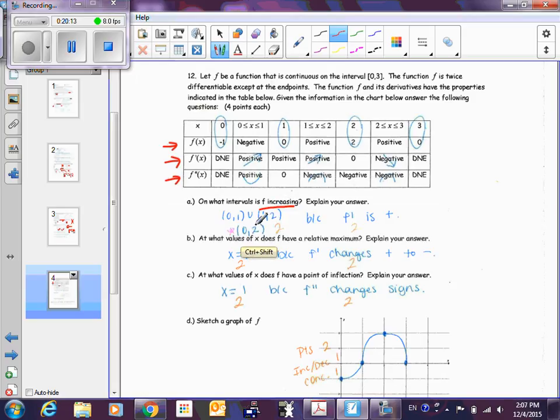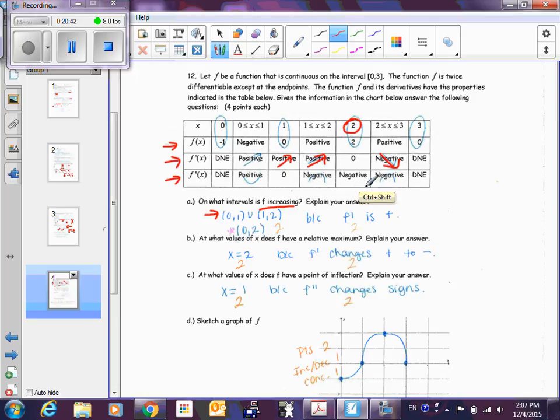Now, technically 0 to 2 is the best answer because we also had positive at x equals 1, but I accepted that. That was okay. That was my mistake in making this a question, but I accepted either or. Okay, where does F have a relative max? Well, if you drew these little arrows here, you could see the function moves up, it goes down, and that is happening at x equals 2.